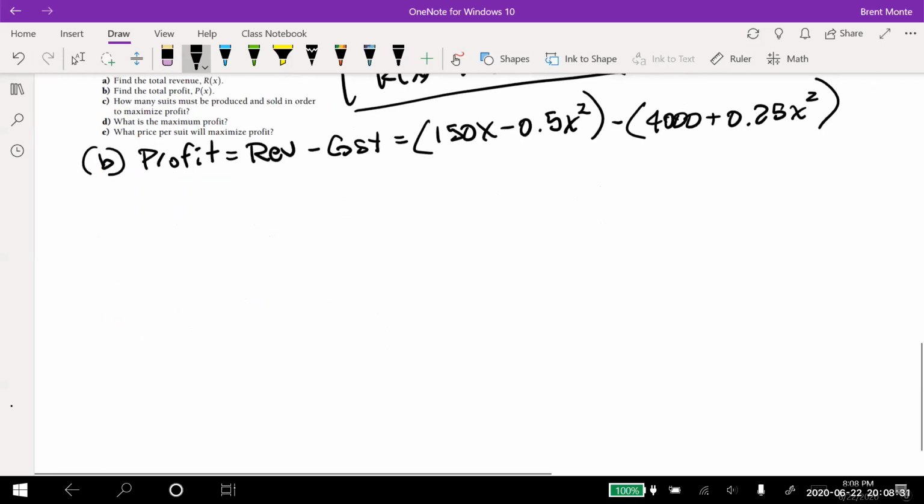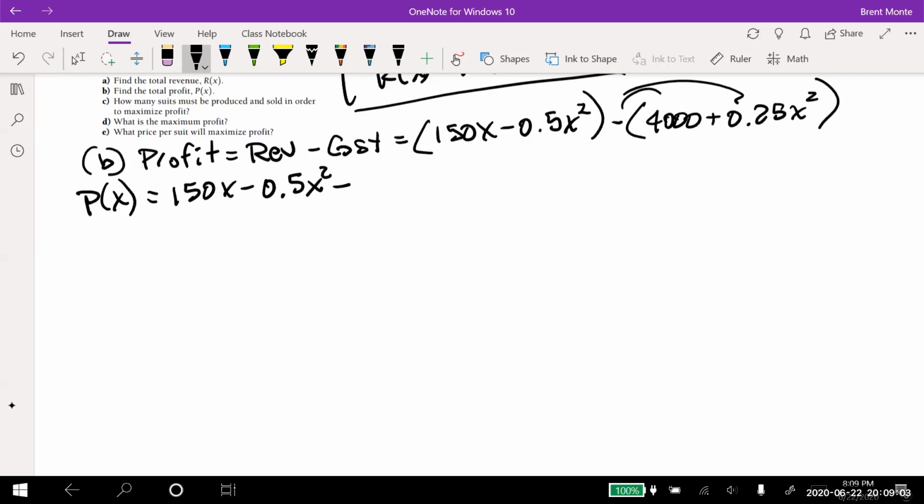All right, and as we go through here, we're going to do P of X for profit. Now, sometimes since we're using little p for price, sometimes they'll use pi of X for profit, because pi, of course, is the Greek letter for P, but we'll just go ahead and leave it as capital P of X. Hopefully we'll be able to tell the difference between those. So I'm going to do P of X. I have to distribute that negative in there. So I'm going to get 150X minus 0.5x squared minus 4,000.